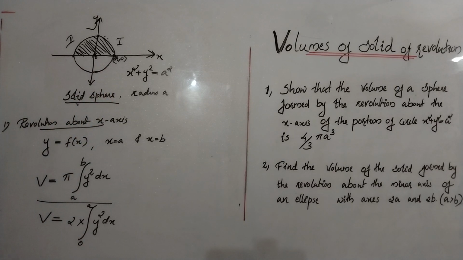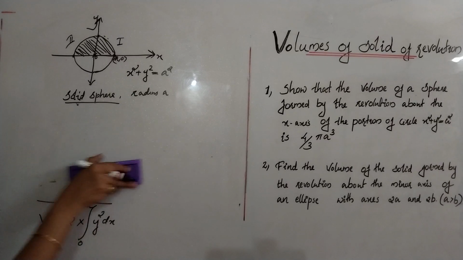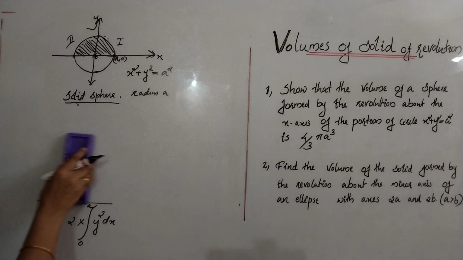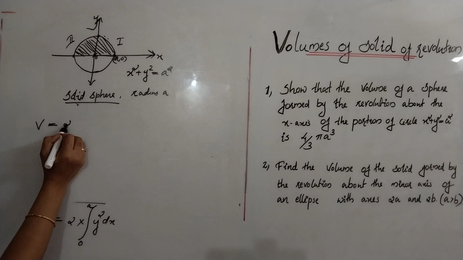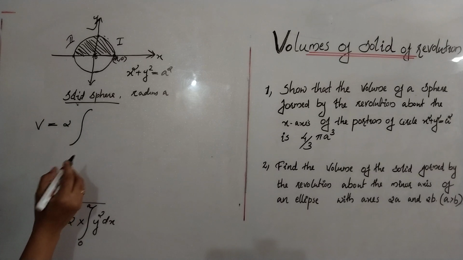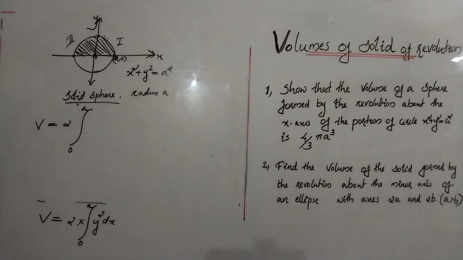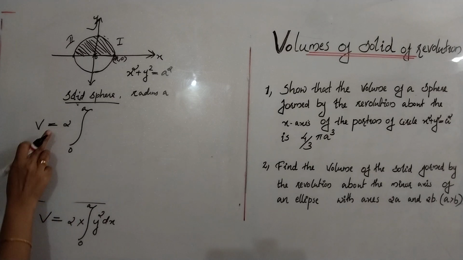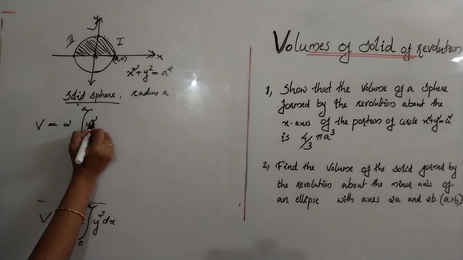Here we are using the symmetry property, then we get the volume of revolution V is equal to 2 times the volume from 0 to a, 2 times the integral from 0 to a of y square dx.